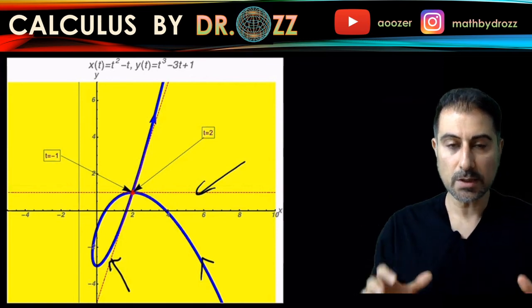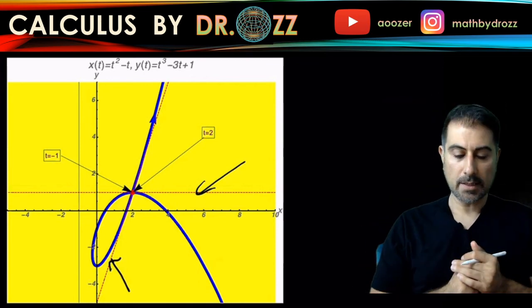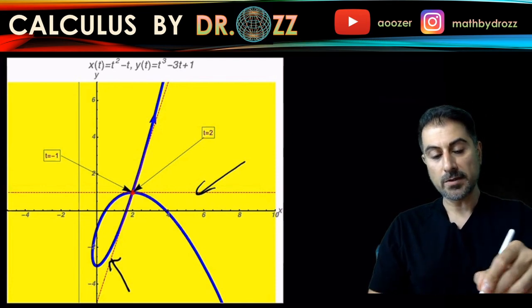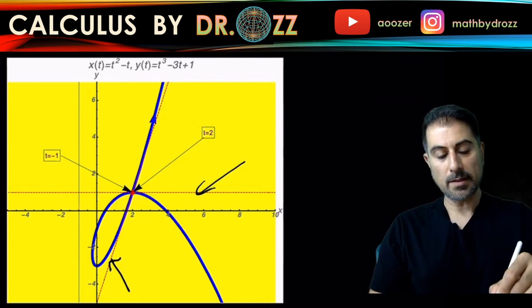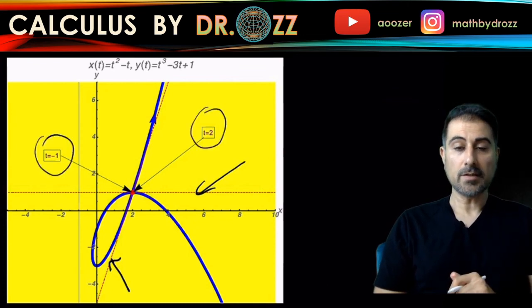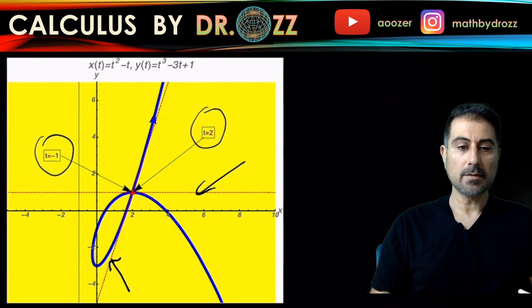Okay, this is visually me convincing myself that you have two different t values corresponding to self-intersection, t equals negative 1 and t equals 2, and you've got the tangent lines for those points.